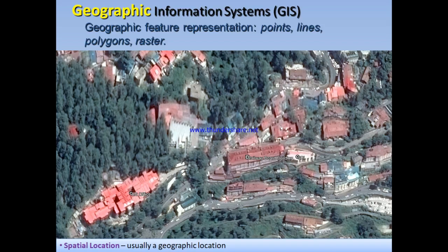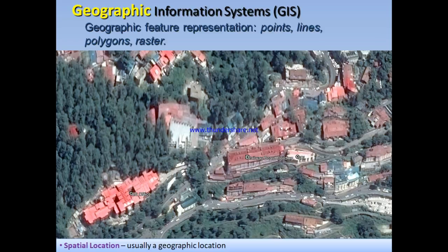So Geographical Information System is a set of three words: geographical, information, system. Geographical is related to space, or related to the objects which exist on space or the earth surface, right? Which we represent with three basic shapes: point, line, and polygon. If we are locating a particular location, we will use a point.